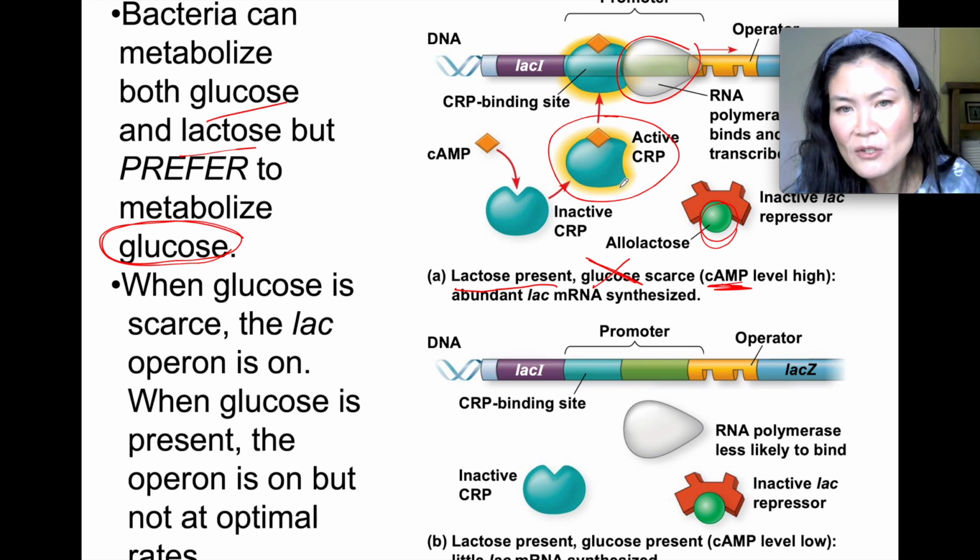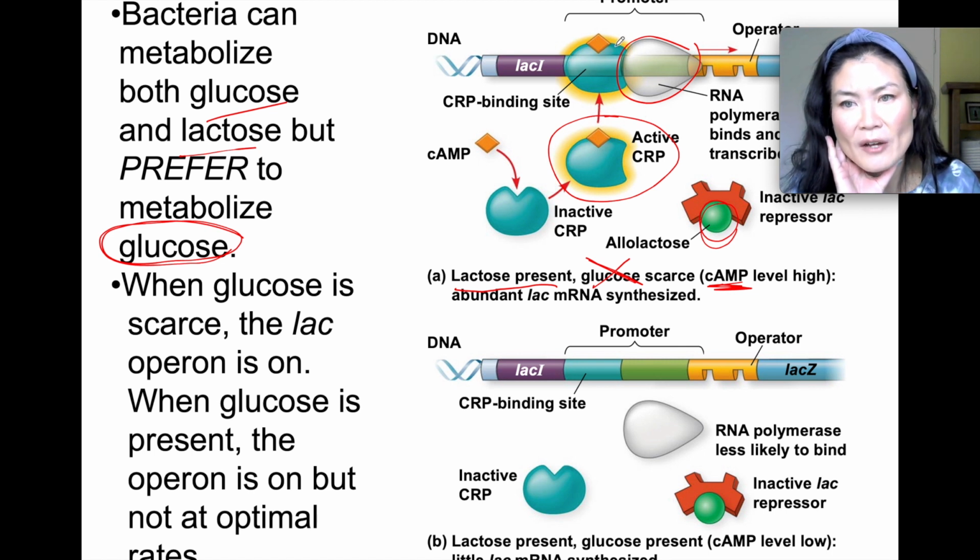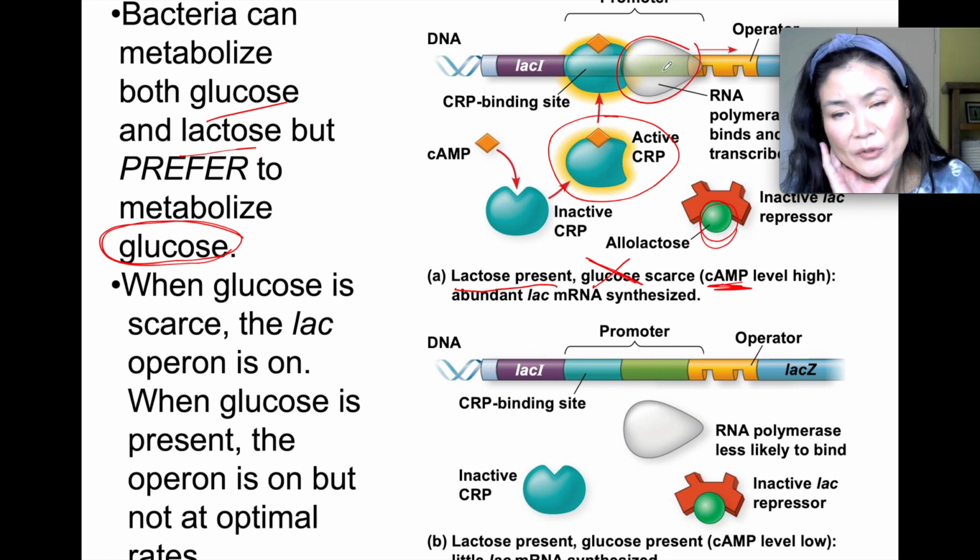Prokaryotes do not have transcription factors, but you can think of it as almost like one, in that it helps the RNA polymerase bind to the promoter and promotes transcription. In fact, it helps transcription happen a lot faster, because without the active CRP, the RNA polymerase will transcribe the genes, but it'll be very slow and not a whole lot.